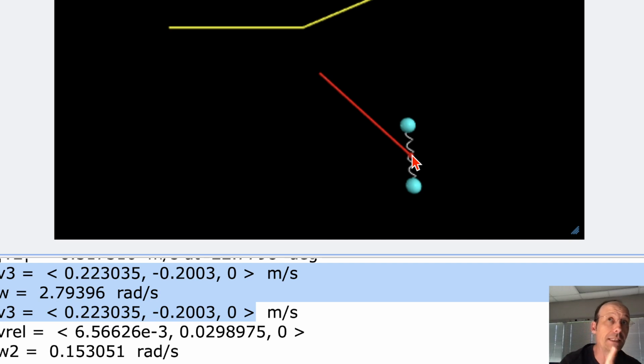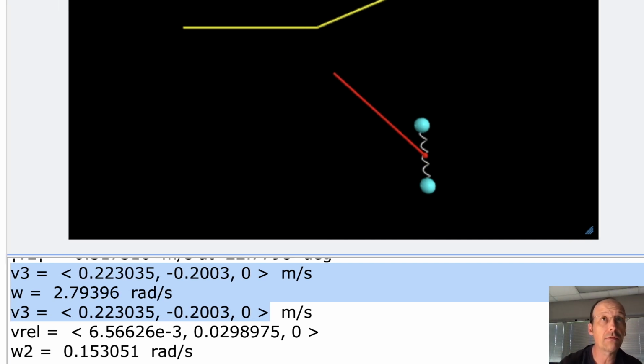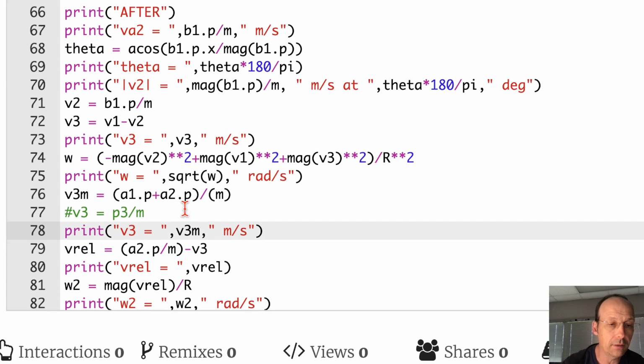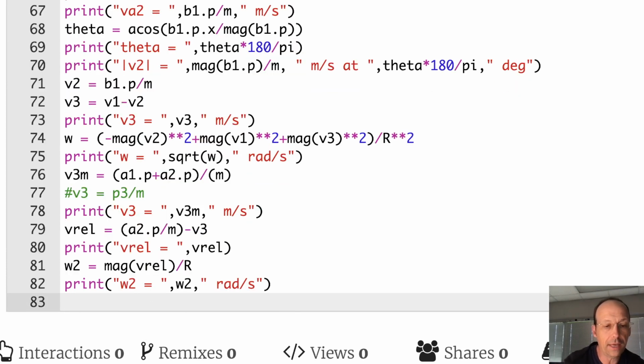But I want to do one last thing, and that's to calculate the angular velocity based on our calculations over here. So let's go and add that, and then we'll be done. So I'm going to call that omega 2 calculated. And I'm just looking at my equations over here.